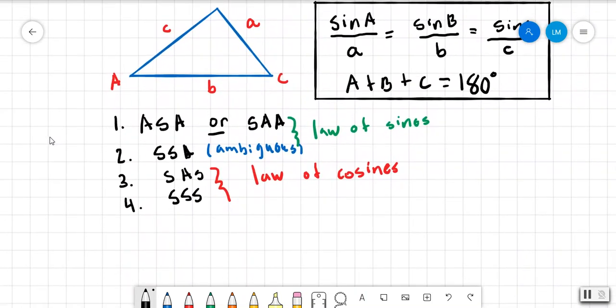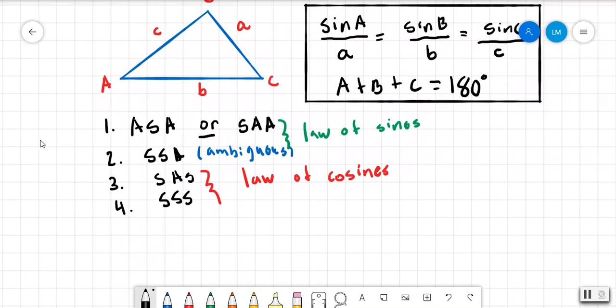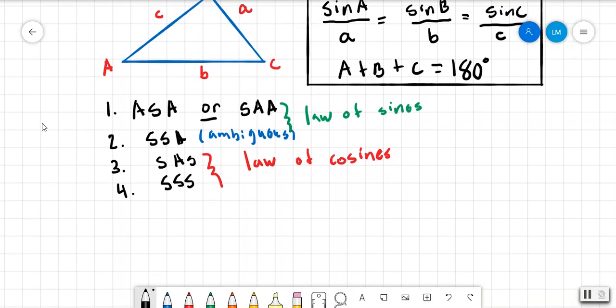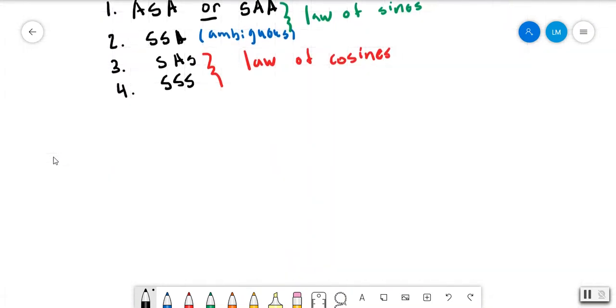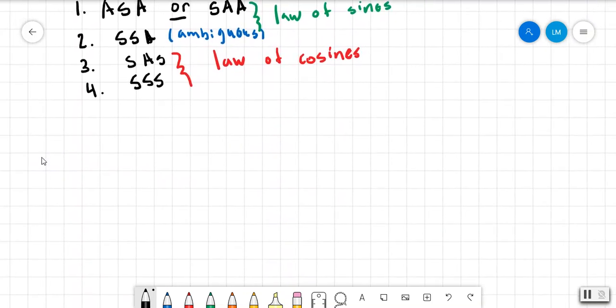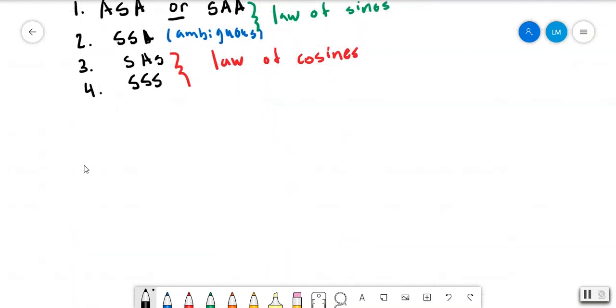Now, what I'd like to do is show how I can apply the law of sines using an example. Typically you'll be given some set of data. To be honest, I normally don't get too caught up on which case I am using because I can just work off of that.